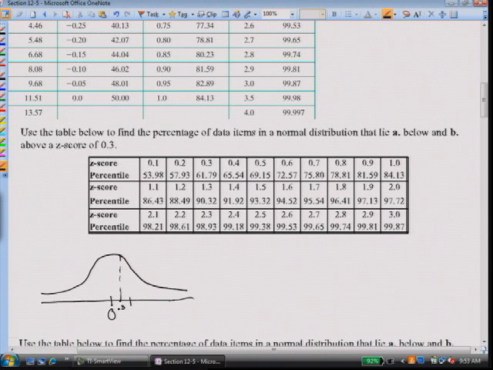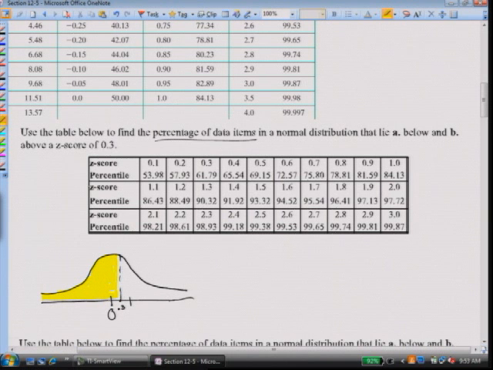So we want to know the percentage of the data items in a normal distribution that lie below 0.3. So what they're really asking for is the area under this curve to the left of 0.3. Well, the table gives you exactly that answer.